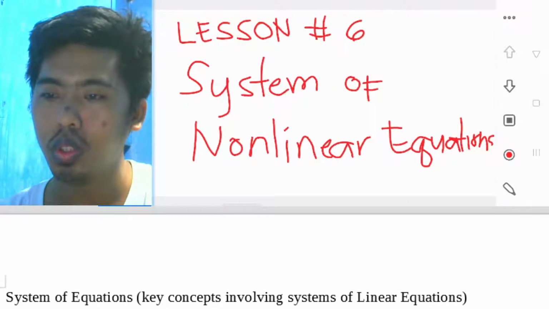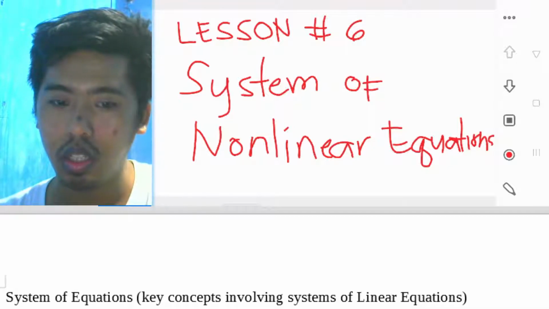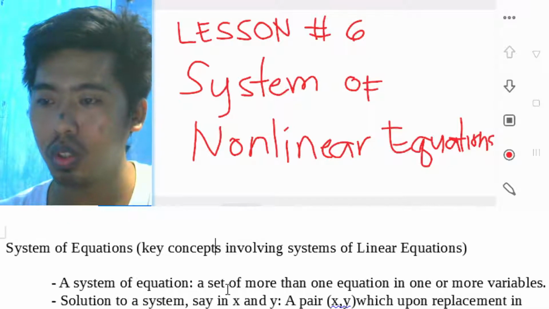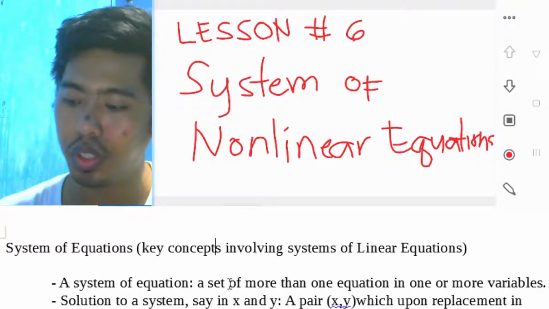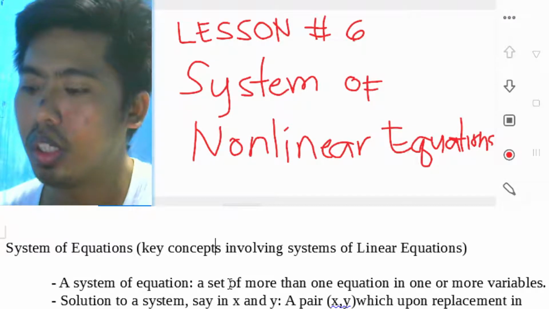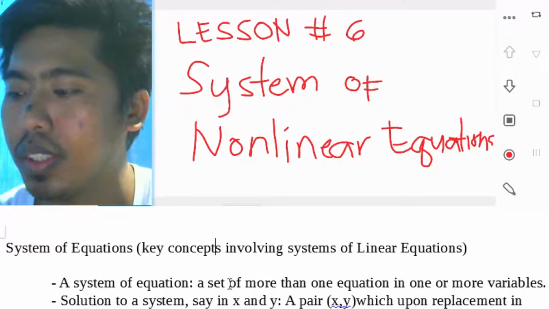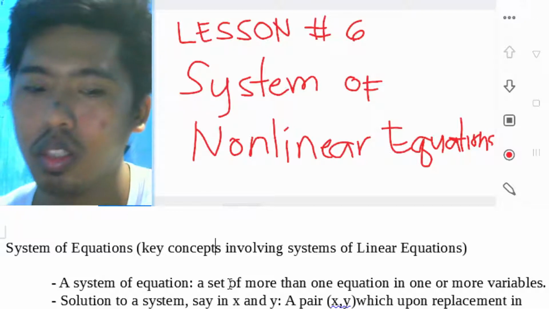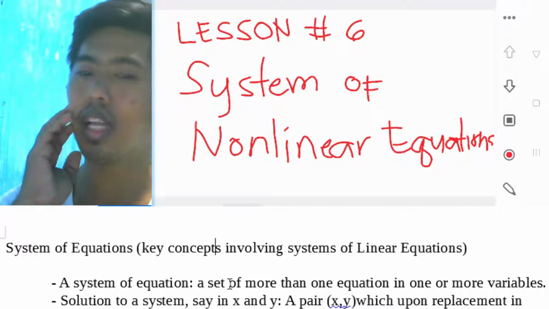So we need to have what we call the key concepts involving systems of linear equations. So linear o non-linear, kay ba man siguro tanon from the word itself. Kung tag linear, so linya. Non-linear, so meaning not line.